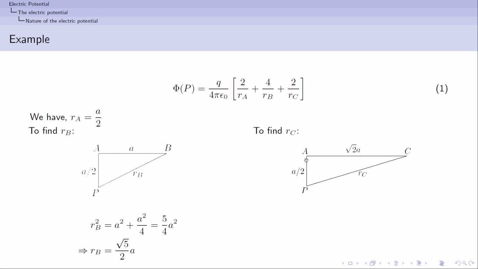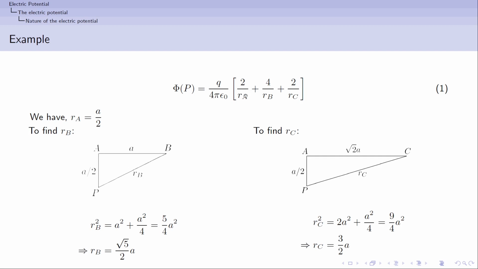AP is again a by 2. AC is a diagonal of one of the faces, and each of the faces is a square. The diagonal of a square is root 2 times the side, which is root 2a. And the last side is RC. Again, using the Pythagoras theorem, we find that RC is equal to 3 by 2a.